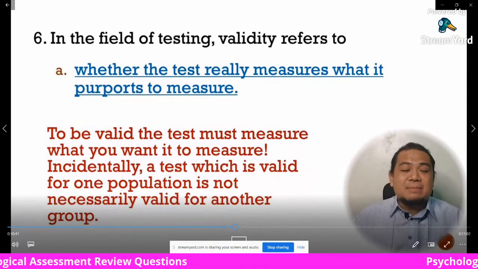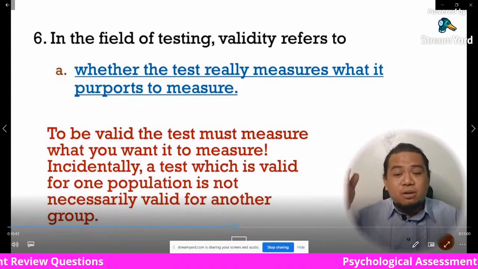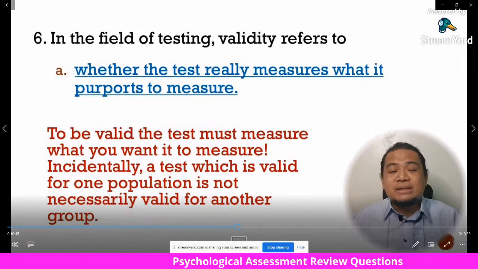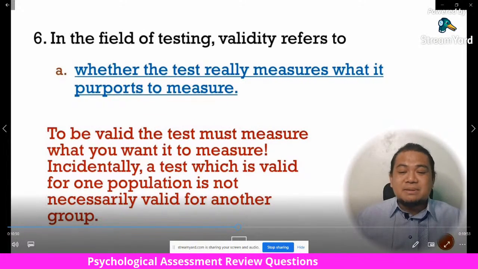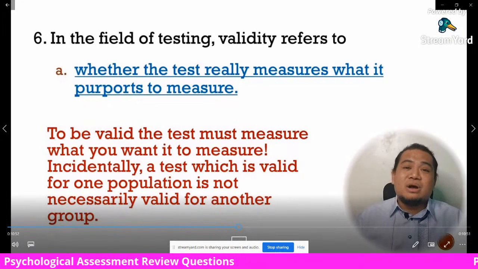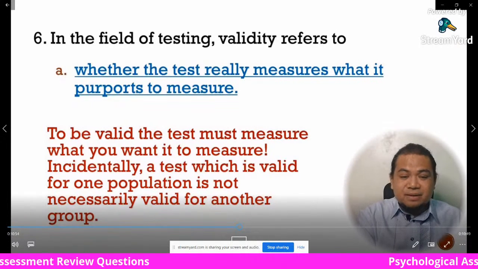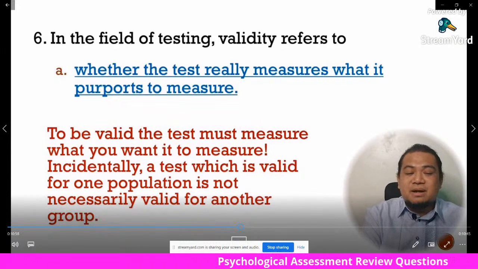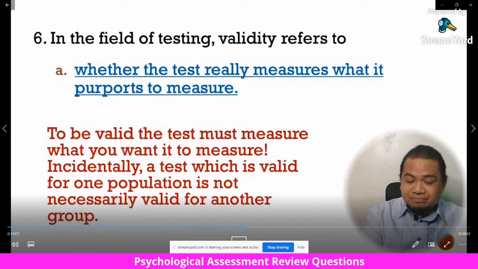There are 5 basic types of validity that we should all be familiar with. Number 1, the first is content validity, or what is sometimes called rational or logical validity. Does the test examine a sample of the behavior under scrutiny?